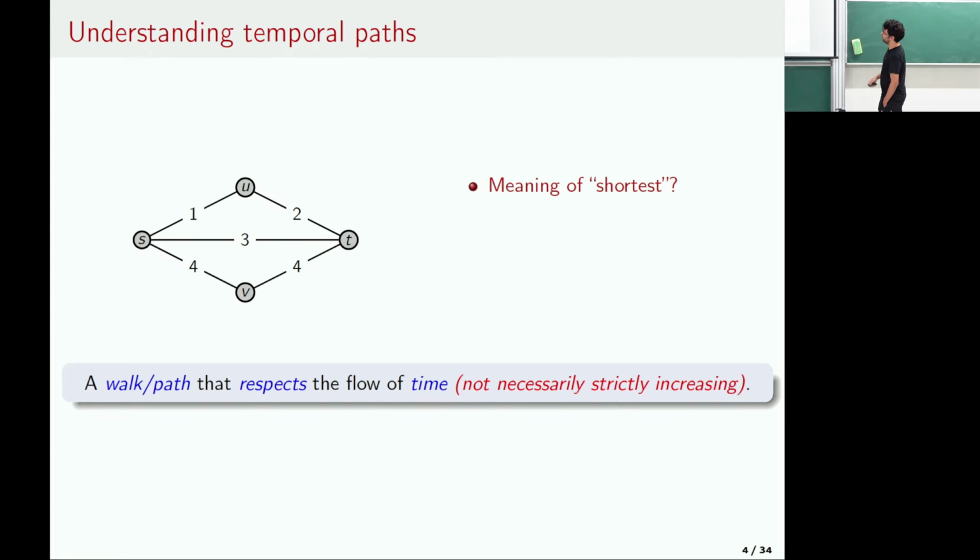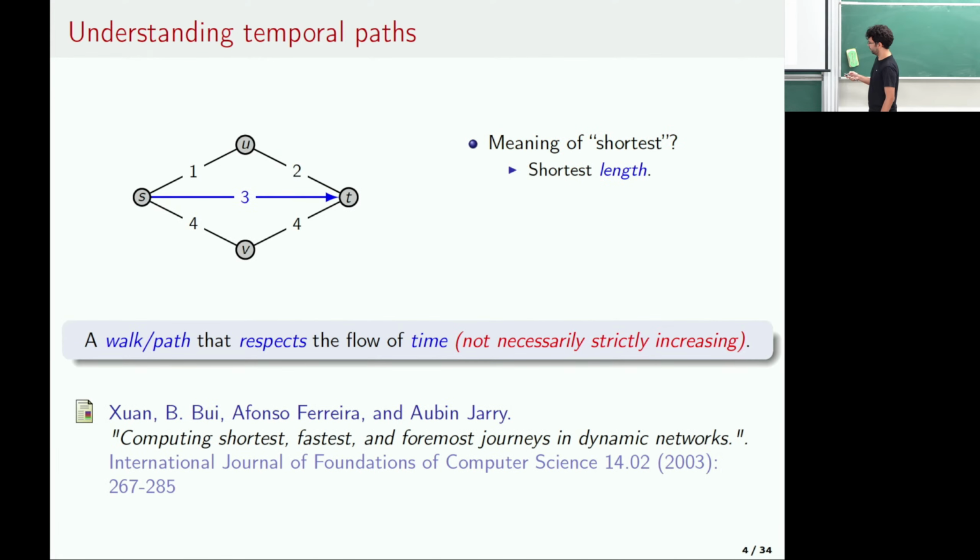Now if I look at temporal paths, there are many ways that I can talk about the meaning of shortest path. For instance, I can talk about shortest length, in which I want to use the least number of edges to go from S to T. So this is a path from S to T with shortest length in this graph.